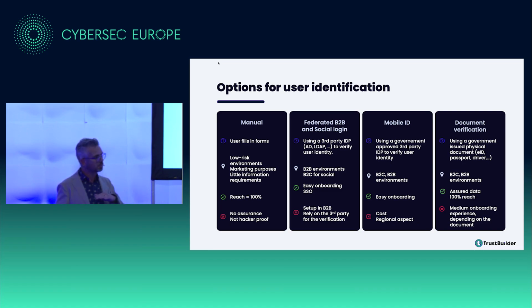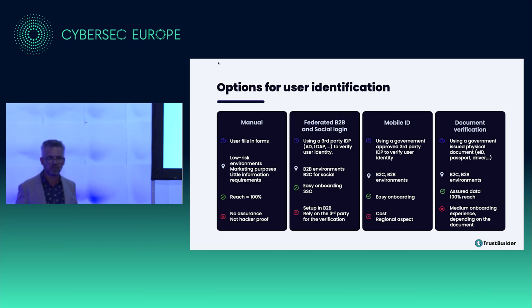Bank ID is one of the most implemented ID solutions in Sweden. They have 99.5% of the population, but it's only the Swedish population. So if you're a foreigner, you cannot use Bank ID, so you need another process. So with this customer, they're still using document verification for 10% to get the full customer onboarding. So it's always a nice add-on on top of the mobile ID.